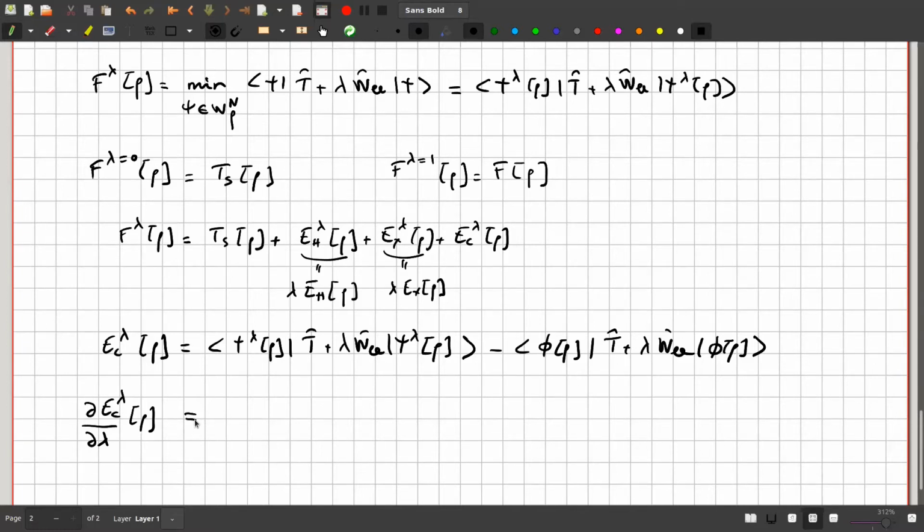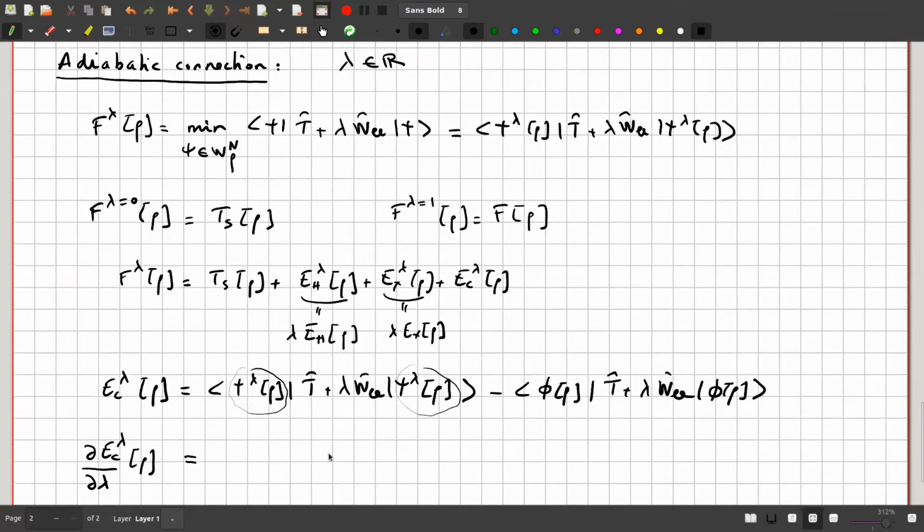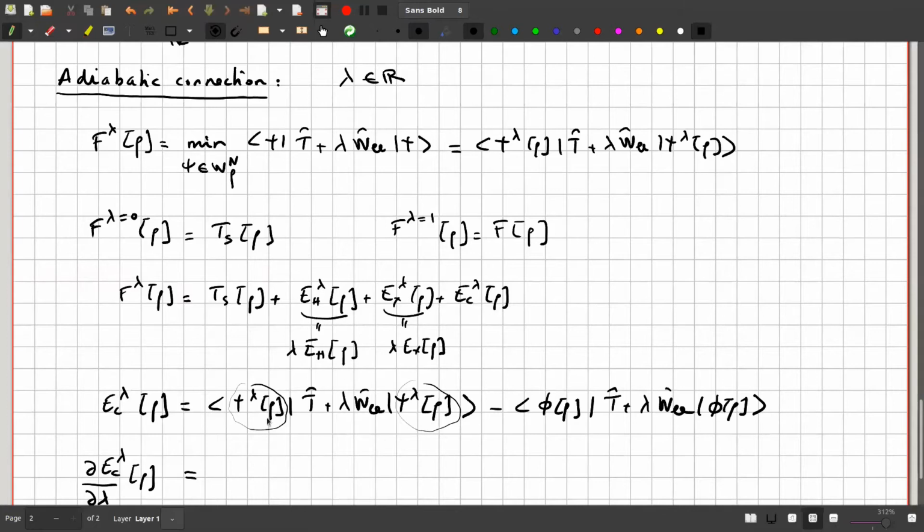And we are going to use the Hellmann-Feynman theorem, which states that the contribution to the derivative coming from the derivative of psi of lambda in this expression is 0. Why is it 0? Well, this is simple to see. This is because this expression is variational with respect to variations of the wave function.